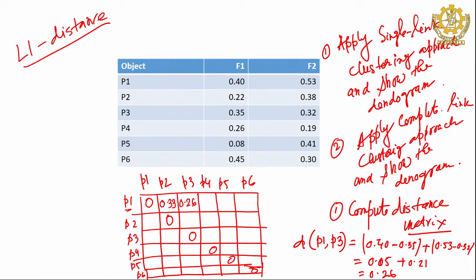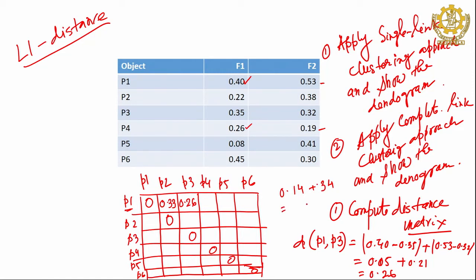Next, P1 P4. What will be the distance from P1 to P4? So, this will be 0.14 plus 0.34, right.